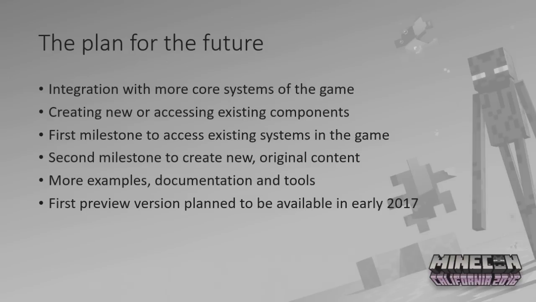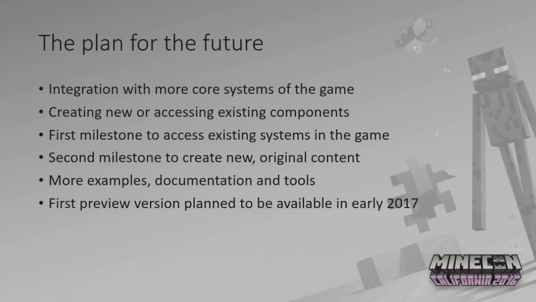So the next big step will be to have interfaces that integrate with more of the core systems. You saw chat in this example. We have so many things in the game, especially when it comes to the entities, items. The world generation will be a really big part. And then the first milestone that we're hitting for is basically making sure that everything that we have in the game should be accessible through our API.